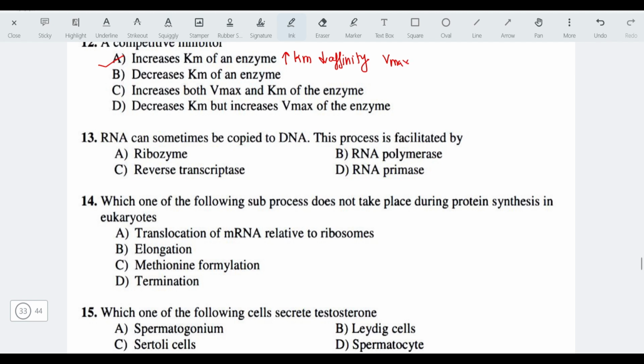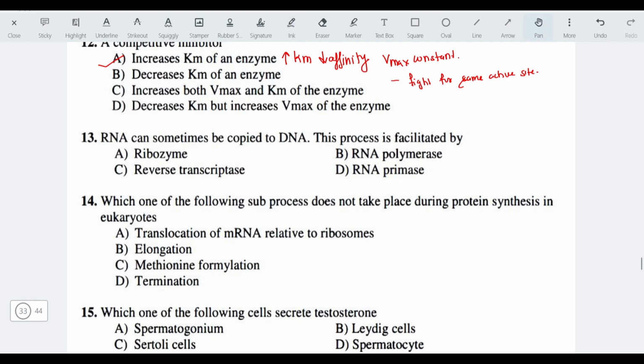Vmax remains constant. And what are competitive inhibitors? They fight for the same active site on the enzyme, right?